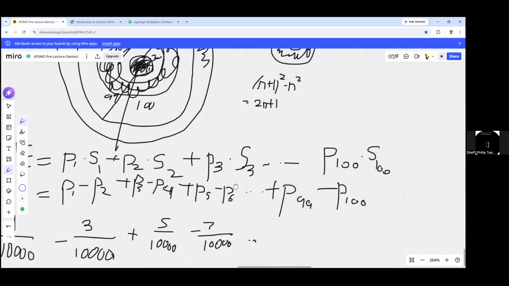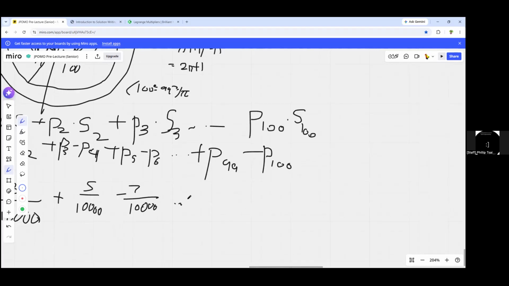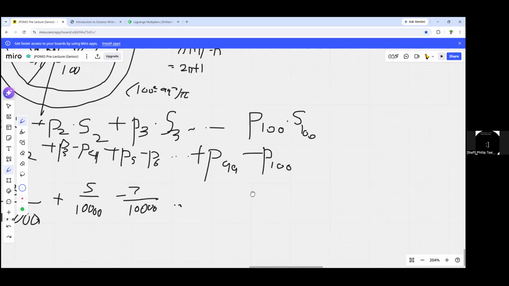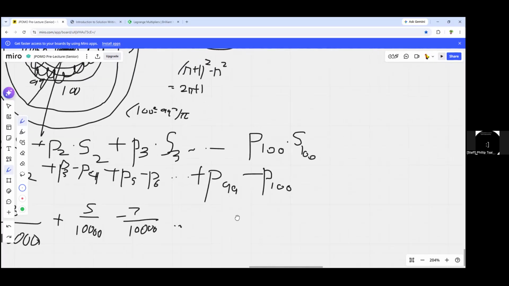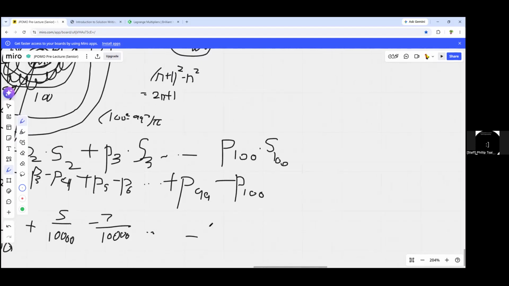So we stop at 100 squared minus 99 squared pi, or in other words, we stop at 199 over 10,000.